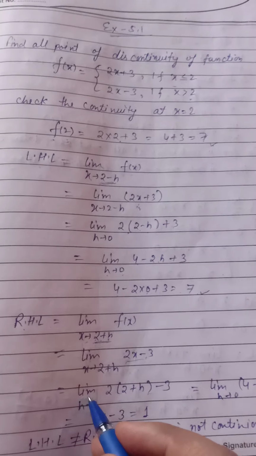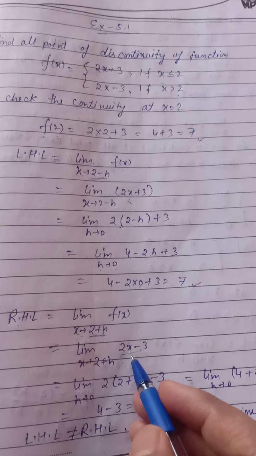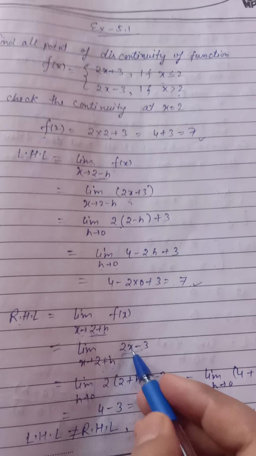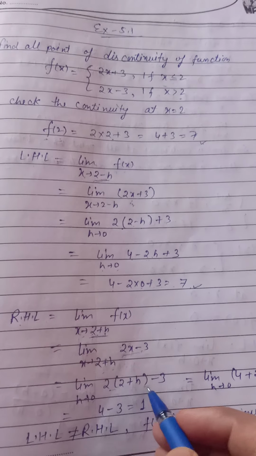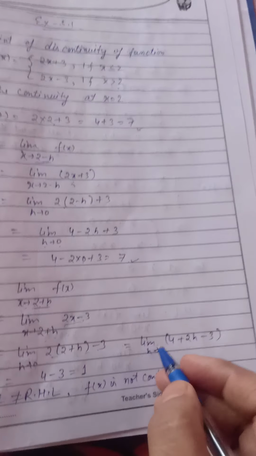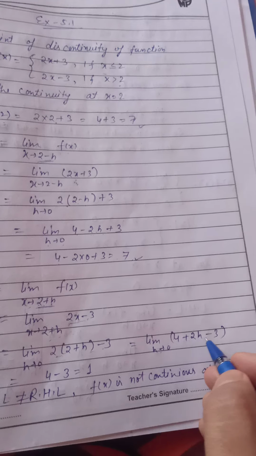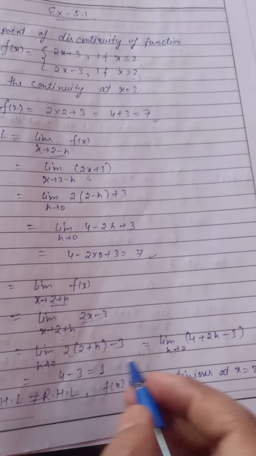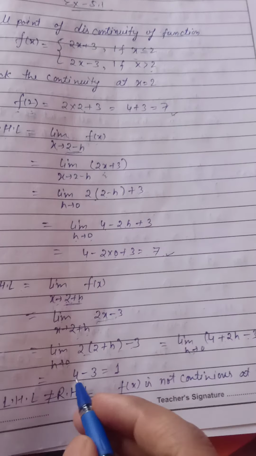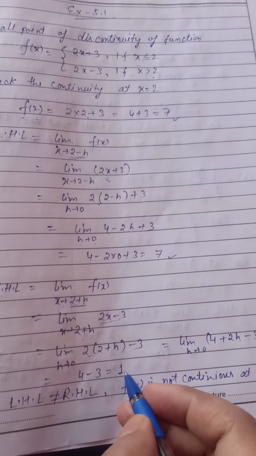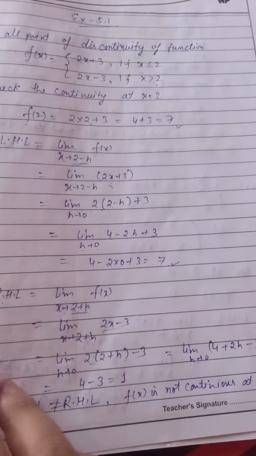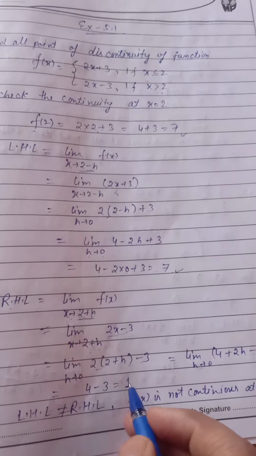Now limit h tends to 0, you put 2 plus h in place of x. So 2 into (2 + h) minus 3, which is 4 plus 2h minus 3. Putting h equal to 0 here, we get 4 minus 3 is equal to 1. So the right hand limit is 1.